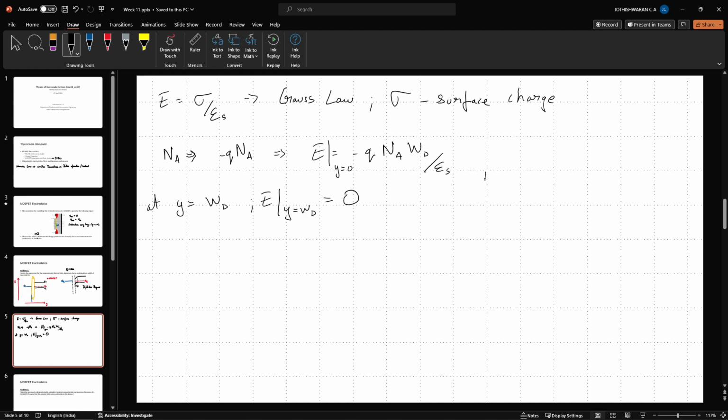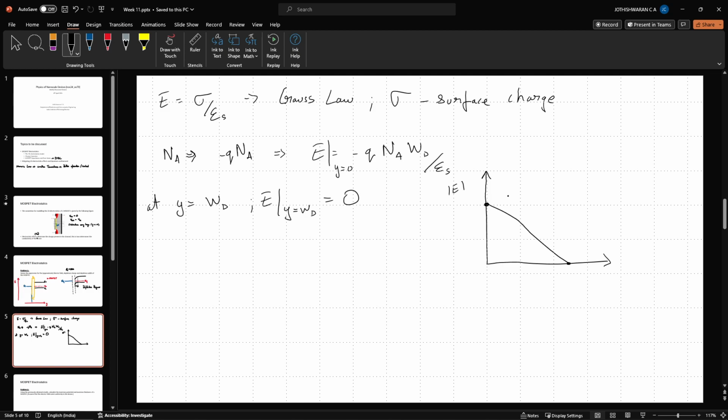So what I'm going to do is, as a first order approximation, I'm going to take a linearly varying electric field. So it was originally this much, and then comes down to this. Over here, I'm writing the magnitude of the electric field.